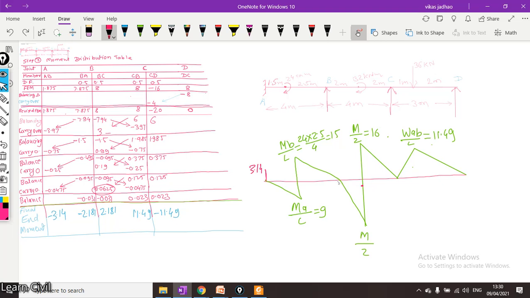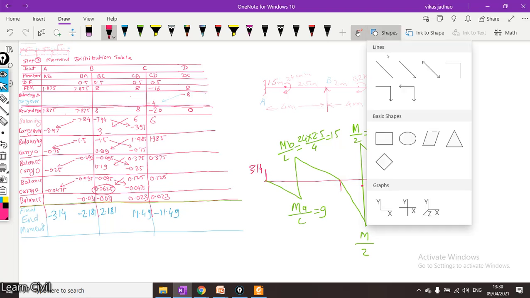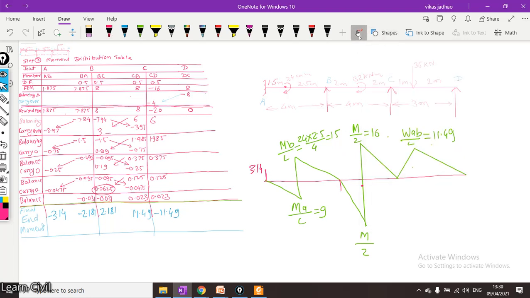It will be somewhere here, and then join this, because this is our point B, C is here, and D is here. So join these 2 points. This is 2.181.